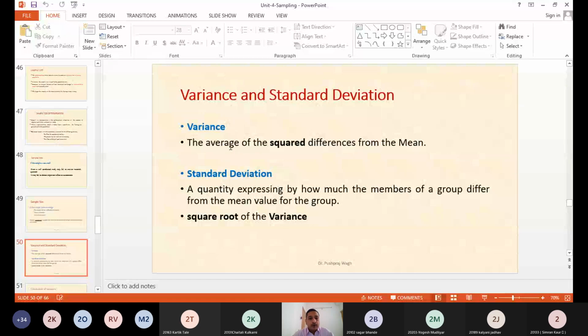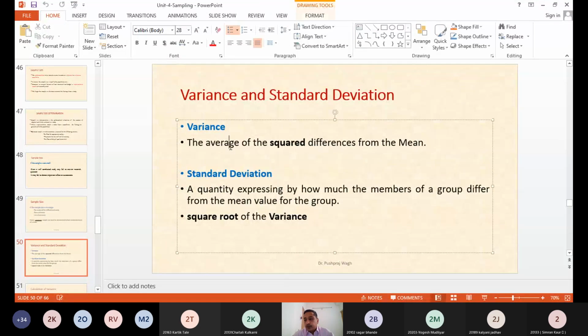So we have to have a mean. Mean means the average of all the numbers. If you have 10 numbers, if we add all those 10 numbers and divide by 10, we will get the mean. So mean means average. So variance is the average of square differences from the mean.